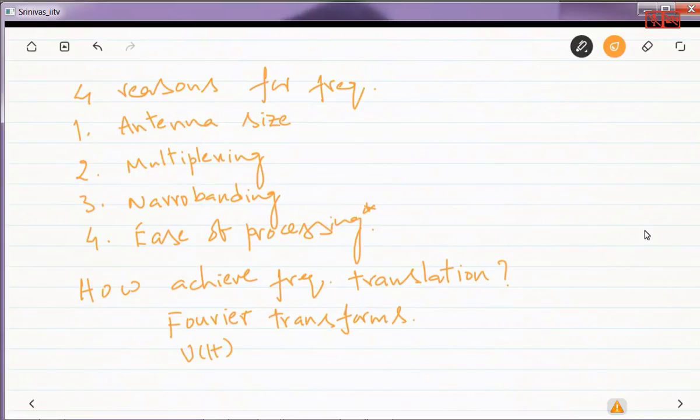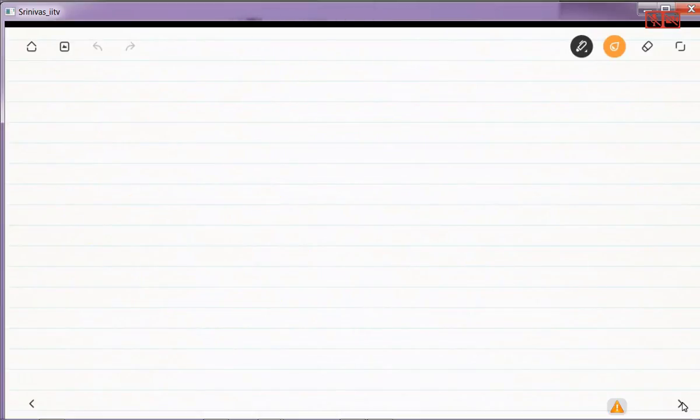So let me change the page. That v of t can be expressed as, or yeah, its Fourier transform v of f.